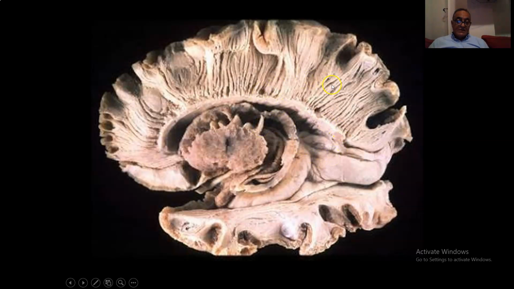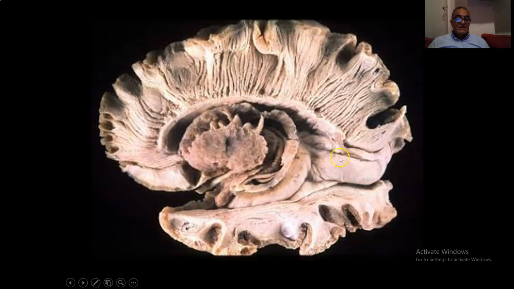So if we cut the cerebral hemisphere, we see this is the lateral ventricle: frontal horn, the body, the trigone, the temporal horn. We'll find a structure on the floor of the temporal horn, the medial part of the floor.